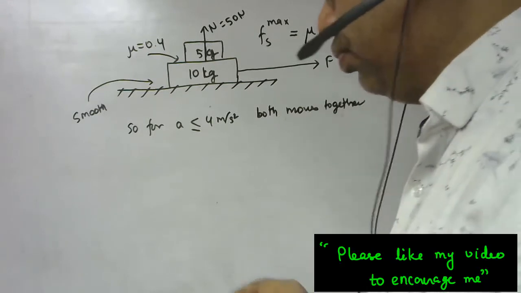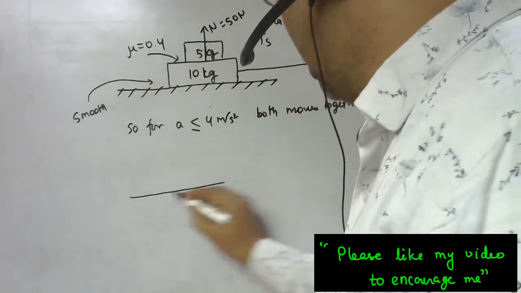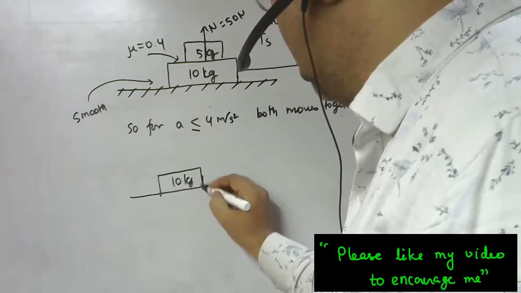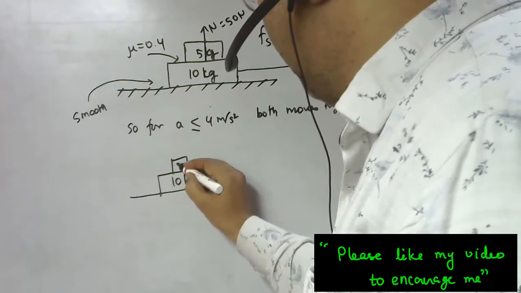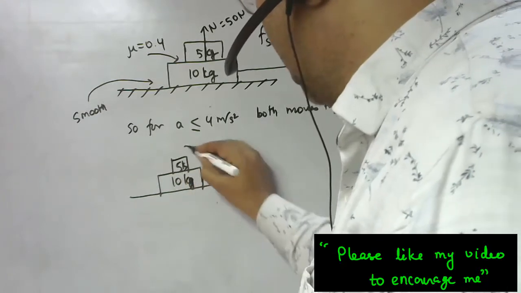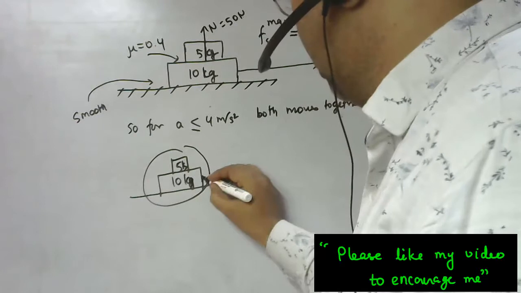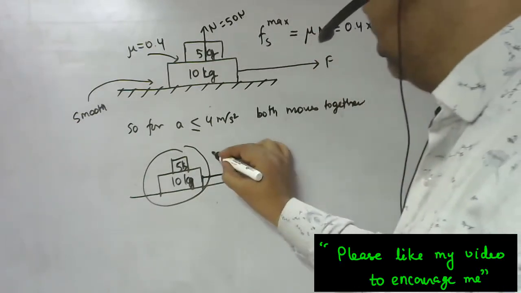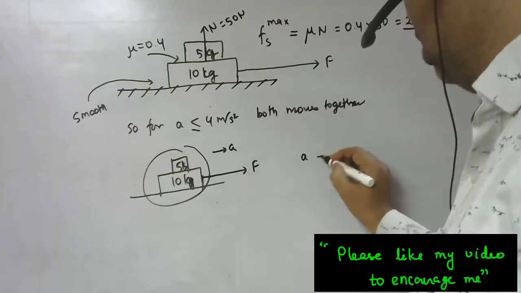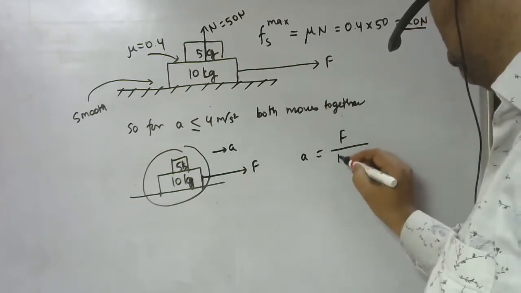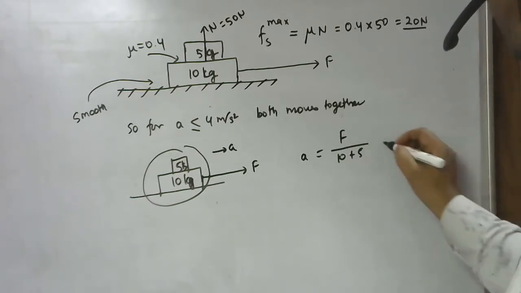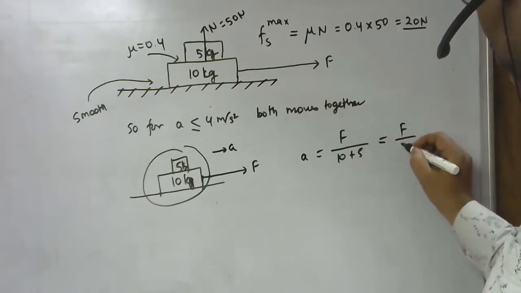And we can take the 10 kg and 5 kg blocks together as one system because both have the same acceleration, and let it be A. So A equals F upon 10 plus 5, so this equals F over 15.